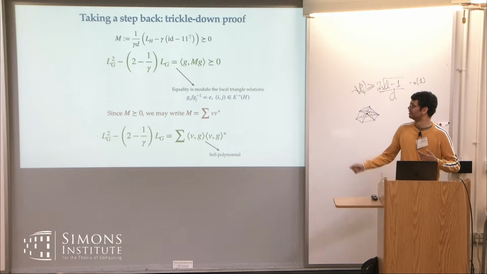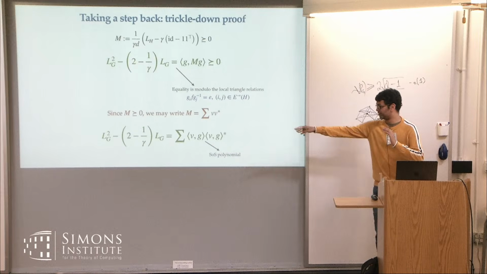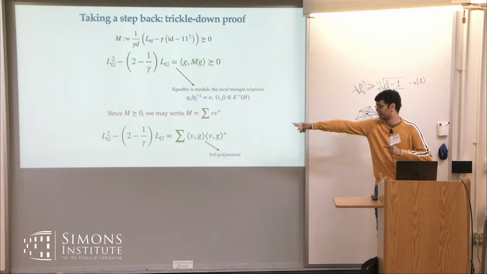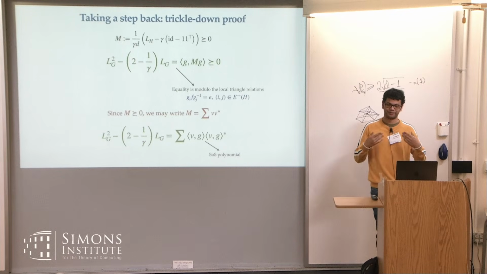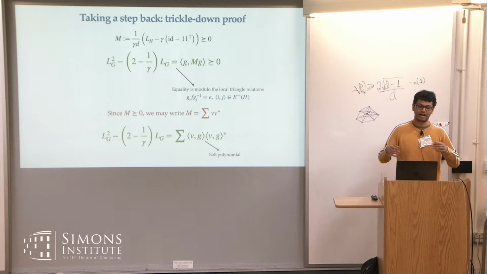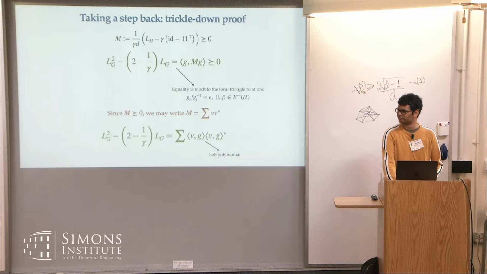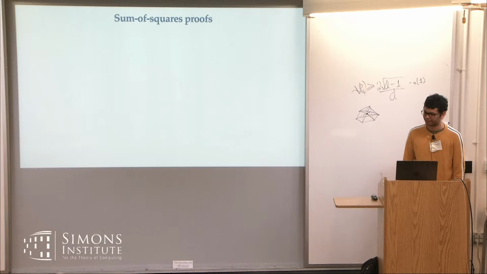So maybe the point of the trickle-down theorem is that it's the simplest example I know where you have that expression is positive for symbolic reasons, due to being able to write a sum of squares and modding out the group relations. So okay, maybe the reason I bring this up might be more clear if I consider the next slide.